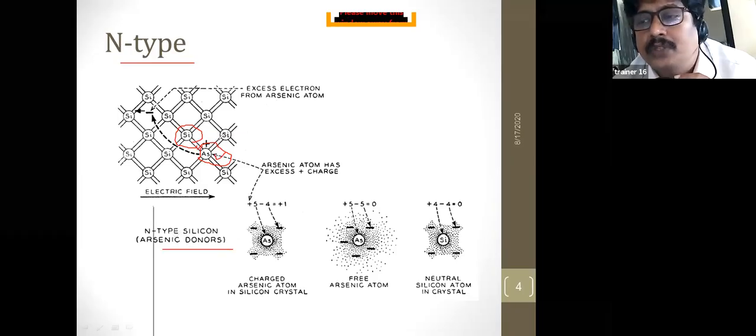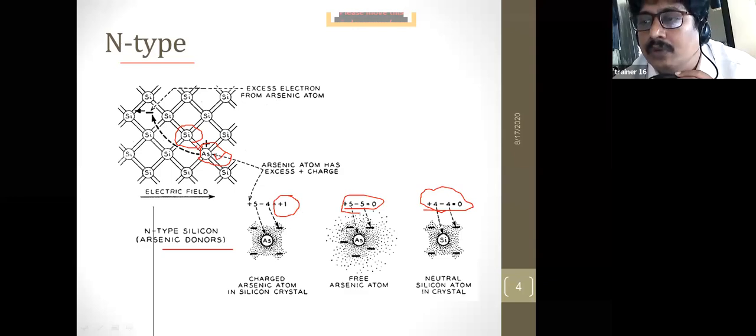Means here one extra positive charge is there. So that means the arsenic donates to the silicon, thereby the two become neutral. That means arsenic and silicon both become neutral. So this is a neutral silicon atom.